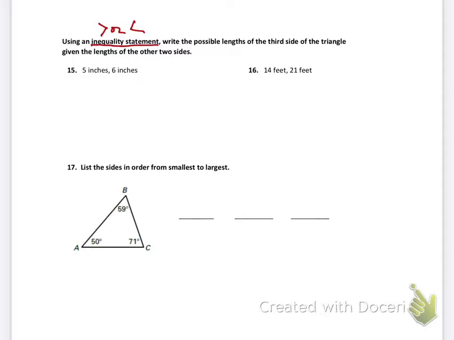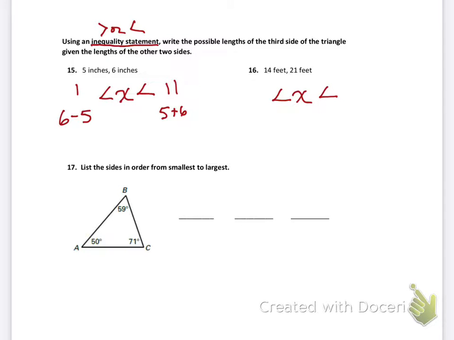So this is what we practiced. Here's your third side. It has to be less than something and greater than something else. So it's going to be greater than the difference of the two sides and less than the sum of the two sides. And down below, I'm telling you how I'm getting that work. We can do this next one the same way. So you have to memorize which way your inequality signs are going.